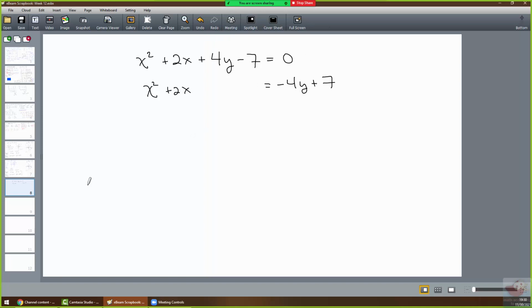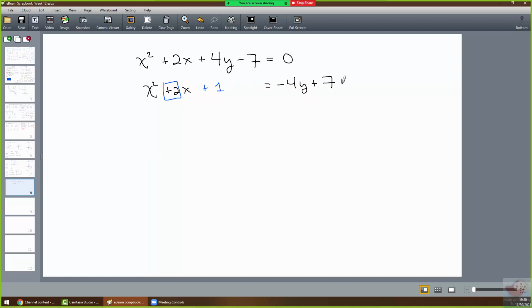So remember to complete the square. Once the variables are isolated, and the leading coefficient is 1, which it generally will be for a parabola, you take half of the linear coefficient, half of 2 is 1, square it, 1, and add that to both sides.